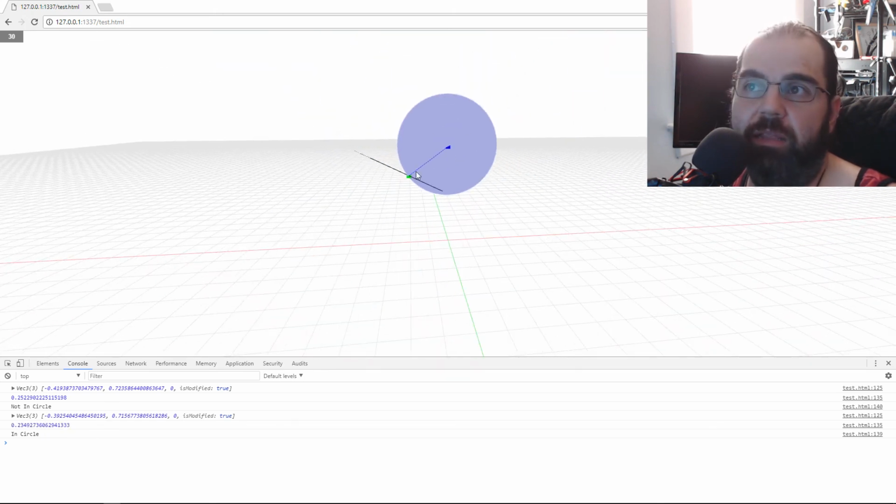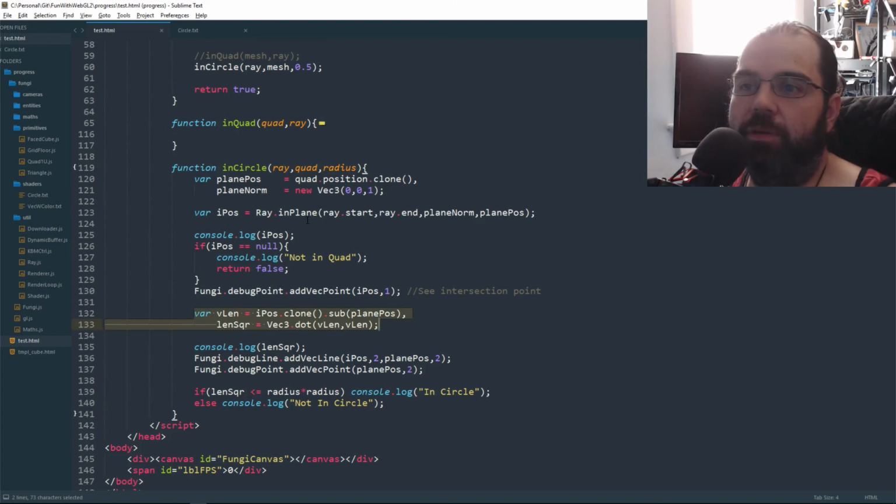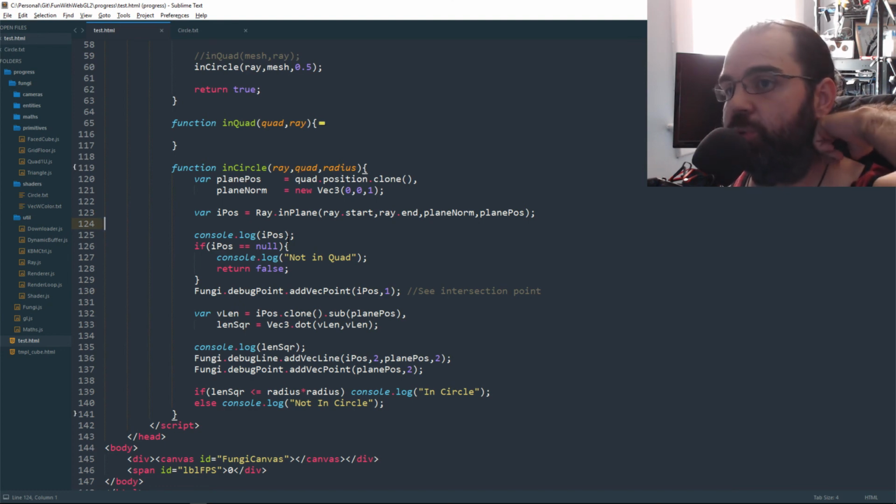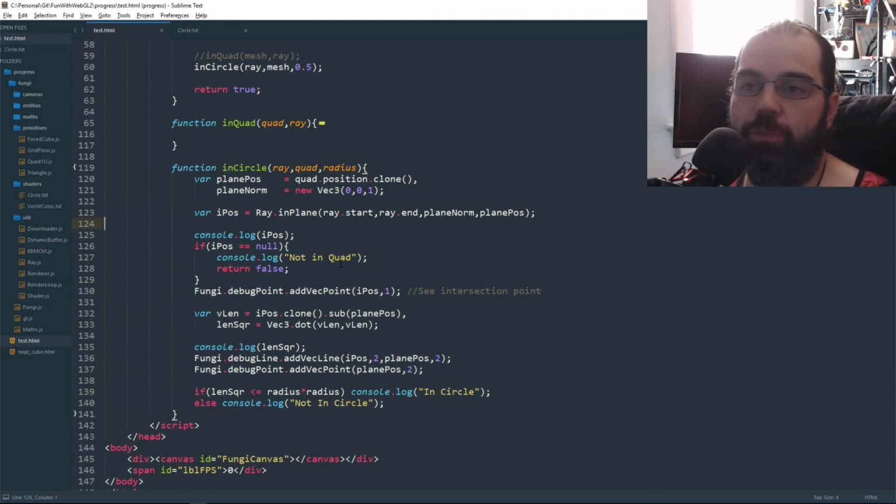And that's really all there is to it. It's just the length between the center point and the point of intersection: is it less than or equal to the radius of the circle? Now the only thing you'll see that's a little weird here is that I'm not actually using the proper length. It's not the true length between those 2 points. I'm using length squared.